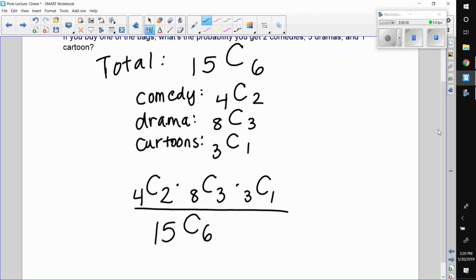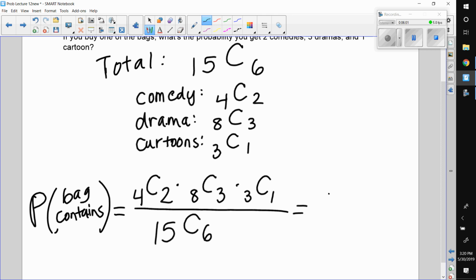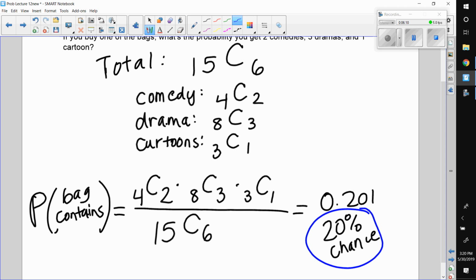So all the possible things get to be in the bag. The probability your bag contains certain things is going to be this, and this is going to work out to be about a 20% chance, which is pretty likely. So here you've got a pretty likely chance, it's not in that 5%. Okay?